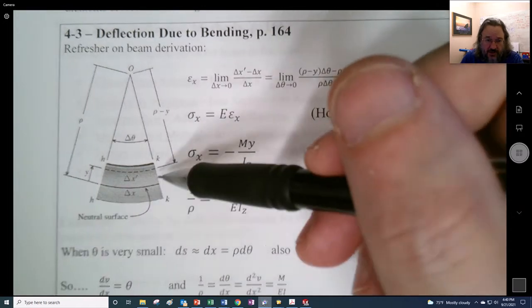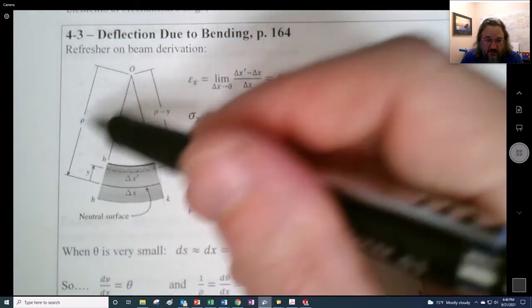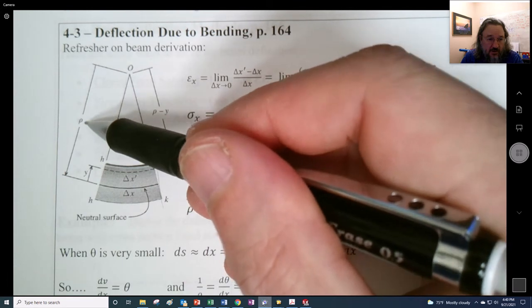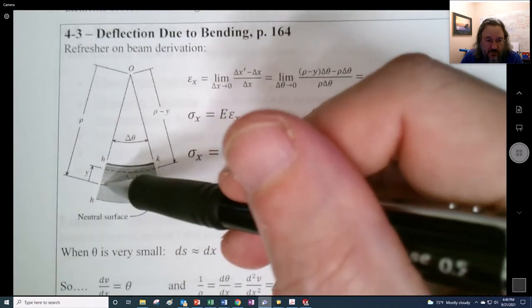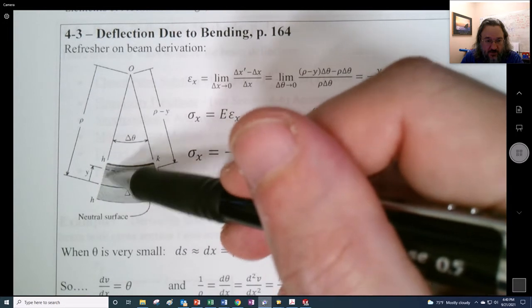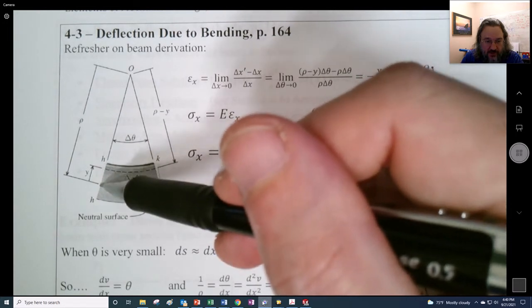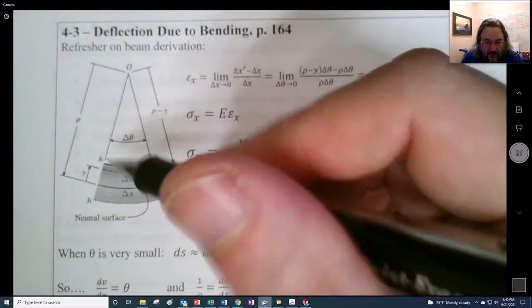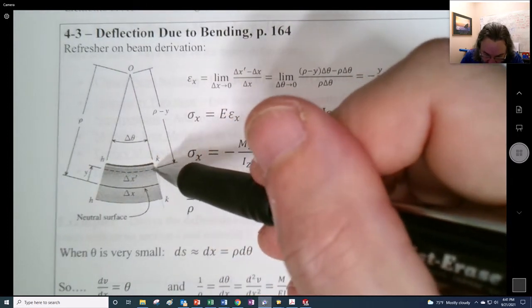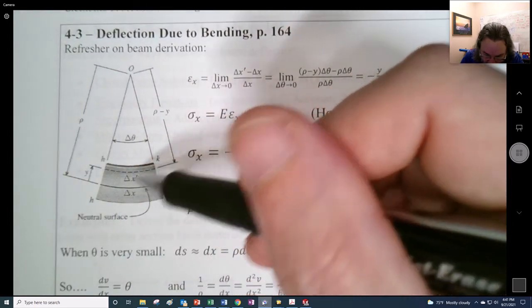What we do is we take a little slice of this thing with a radius of curvature of rho, and then we set up a coordinate axis where y is going upwards through the neutral axis. And then we pick an arbitrary location, in this case right here.